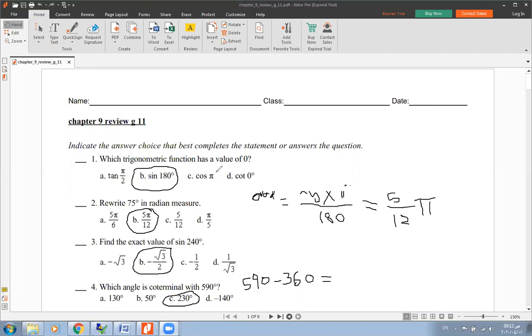Number 3, with Abdullah, we get the exact value of sine 240. Number 4, with Mu'taz, we get the coterminal angle of 590 by subtracting 360. I'm going to Hussein now.